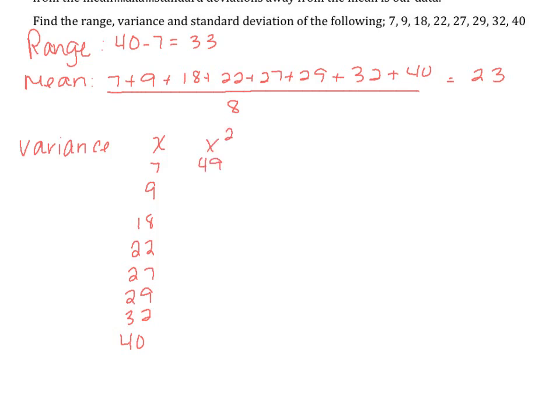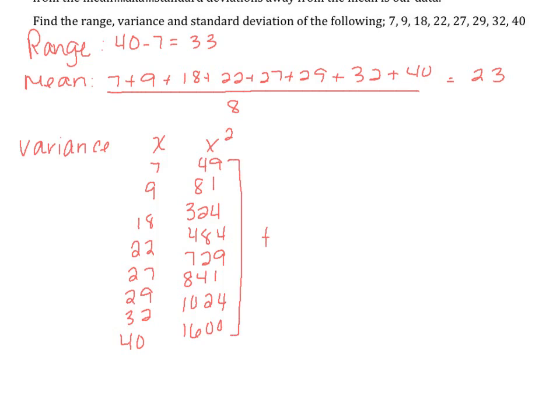So 7 squared is 49, 9 squared is 81. And we need to add all of these squared numbers up. And when we add them all up, we get 5,132.